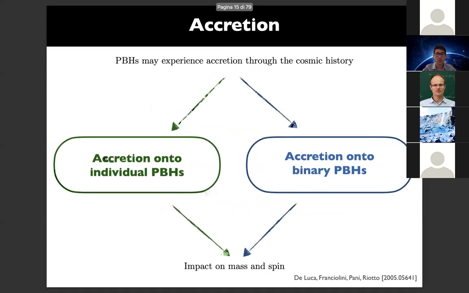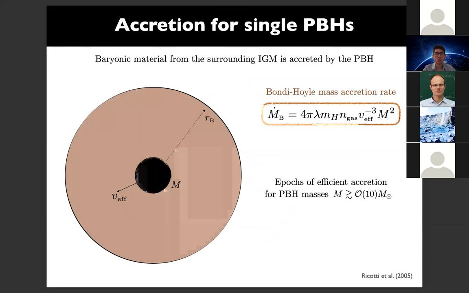So let's start with accretion. Primordial black holes may experience accretion during the cosmological history in two possible ways. The first is onto individual primordial black holes, and the second is onto primordial black hole binaries. And those will have an impact on the PBH masses and spins. So let's start with accretion onto individual primordial black holes.